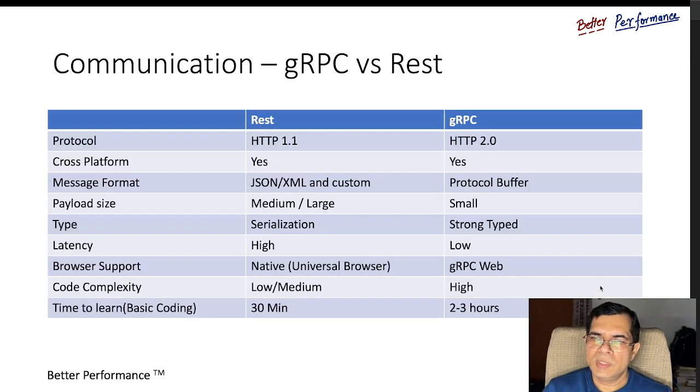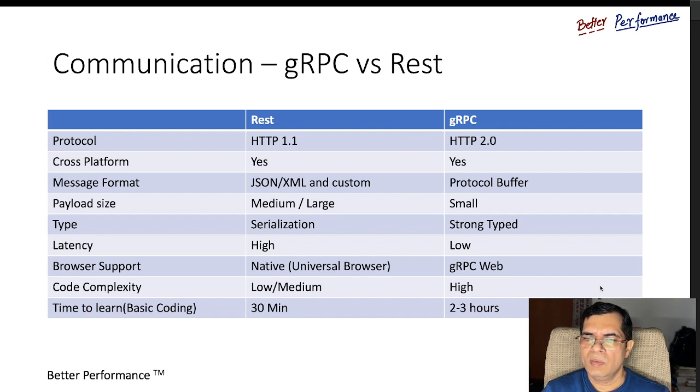Now let us understand some differences between gRPC and REST. As we discussed, REST works on the 1.1 protocol, and gRPC works on the 2.0 protocol. Both support cross-platform use. REST has message formats like JSON, XML and custom, whereas gRPC works on protocol buffers.